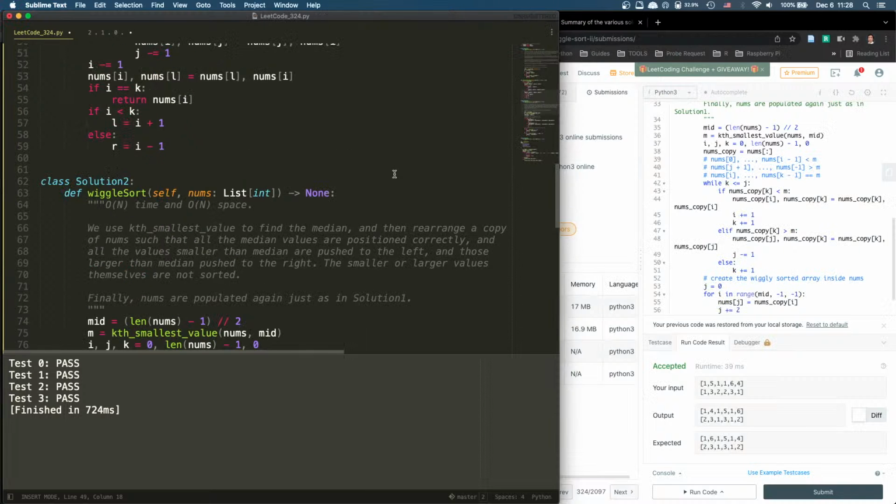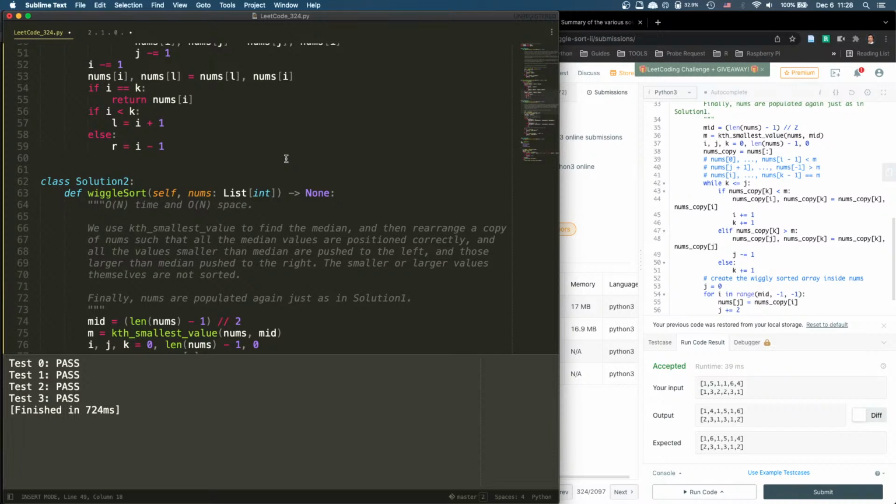Okay, so now the last part. The last part will have the same as this to begin with, right? To give us the median. So we're gonna get the median. But now the trick is in here we rearrange first and then put them into position.